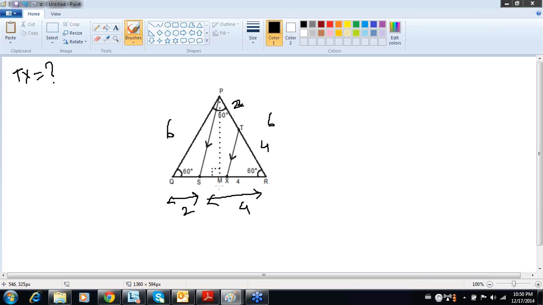Let this perpendicular meet QR at M. So SM will be QM minus QS.